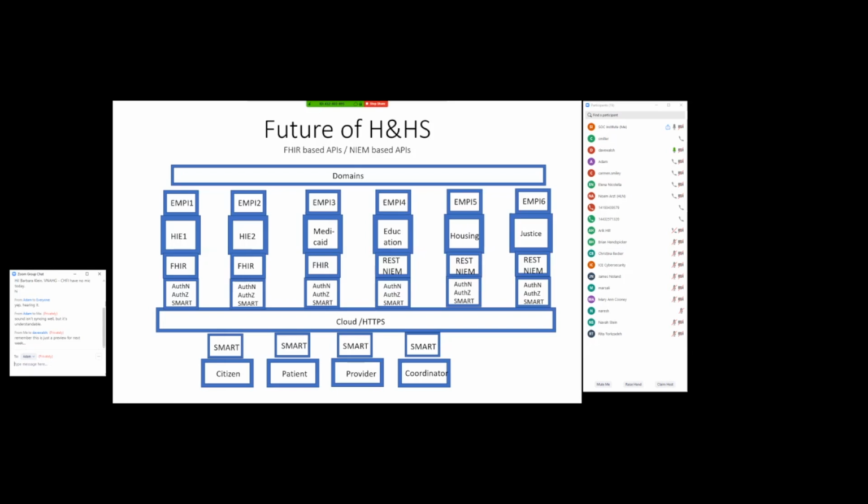And the various capabilities there, like authentication and authorization, is this individual able to access this data for this other individual? That's all part of the FHIR and SMART on FHIR framework.